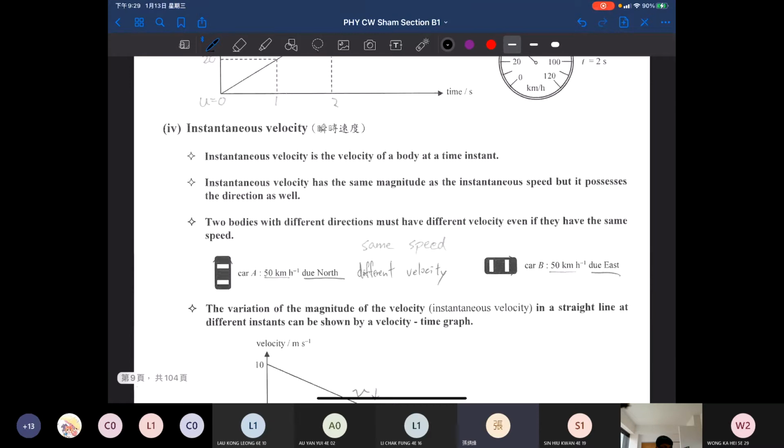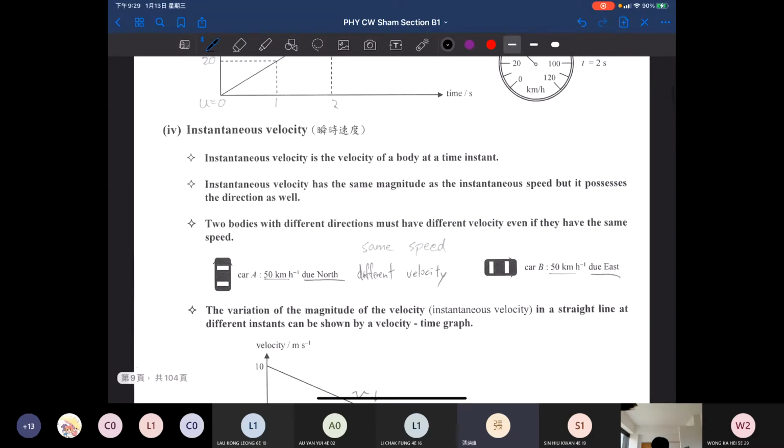Similarly to the instantaneous speed, the instantaneous velocity is the velocity at that instant only. They would have the same magnitude because for that instant, they must have the same magnitude. However, for the instantaneous velocity, we have to consider the direction as well.